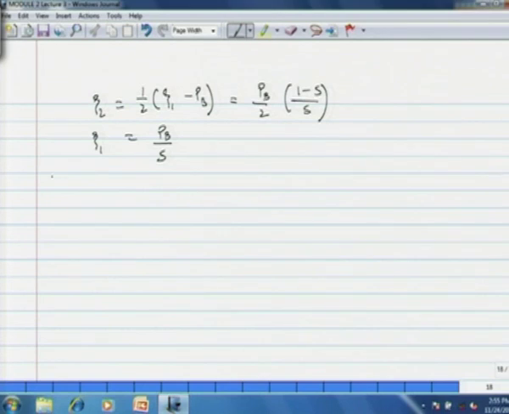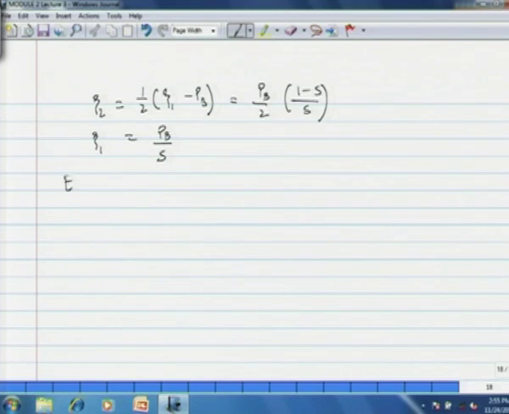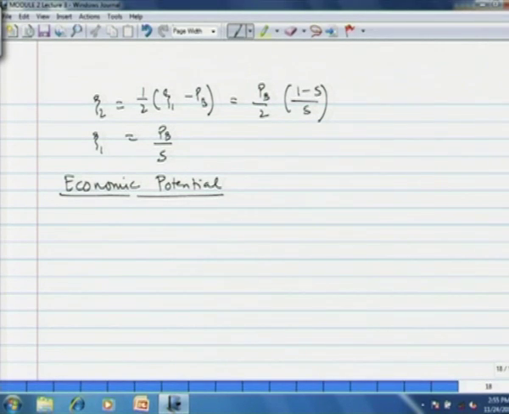Now, after evaluating all the molar flow rates of streams, we have to evaluate the economic potential of the process, based on the input output structure that we have developed.